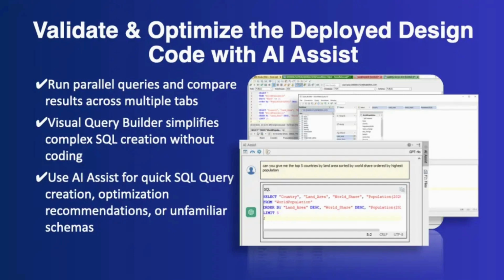in Aqua Data Studio. And then for those who need to create SQL much more quickly, Aqua Data Studio has an AI assistant that helps generate working queries from natural language descriptions. This makes it much easier to explore your data, validate the logic, or build prototypes for transformations.